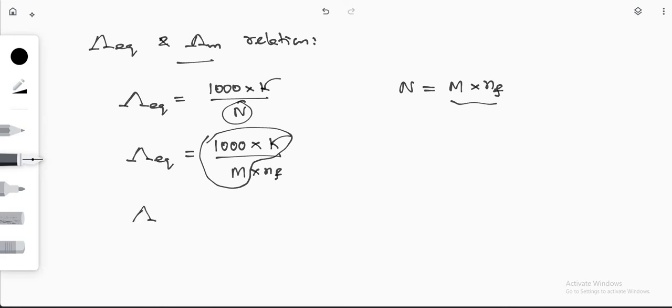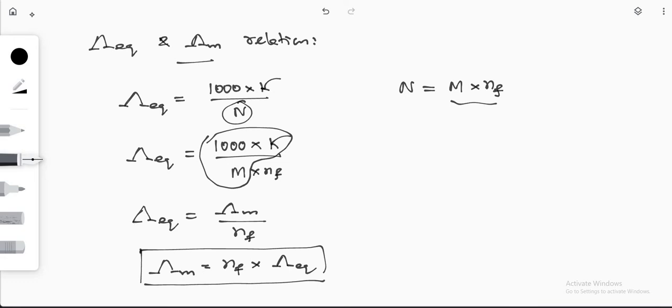So equivalent conductivity equals molar conductivity divided by n factor, or molar conductivity equals n factor times equivalent conductivity. Note down, students. This is the relation between molar conductance and equivalent conductance.